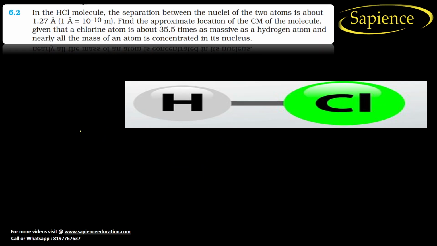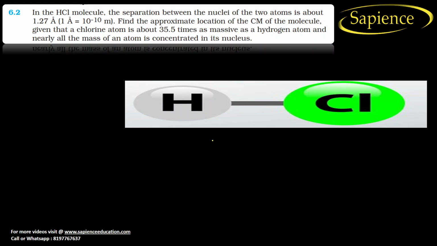Now it is question 6.2. In the HCl molecule, the separation between the nuclei of the two atoms is about 1.27 angstrom. Find the approximate location of the center of mass of the molecule, given that the chlorine atom is 35.5 times the mass of the hydrogen.